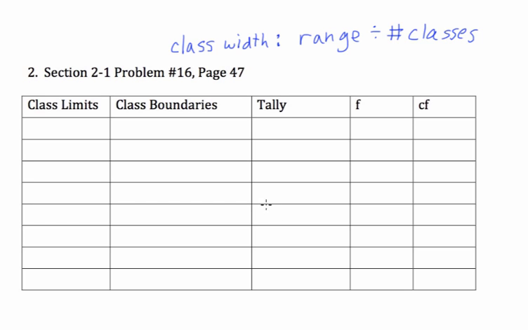To set up our frequency distribution, we first need to decide the class limits. To do that, we need to know the class width. So we take our range, which is high minus low. In our case, 857 is the high data value, 140 is the low.